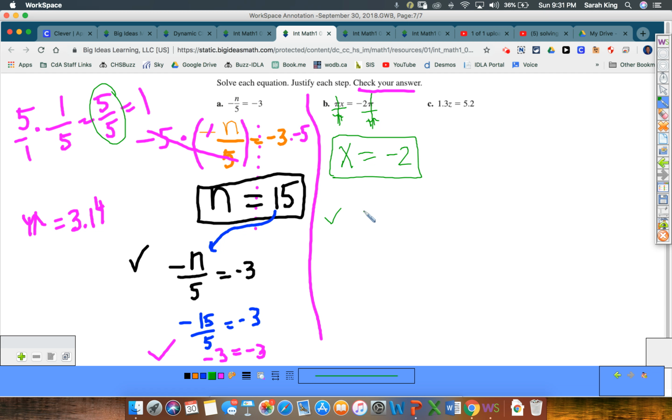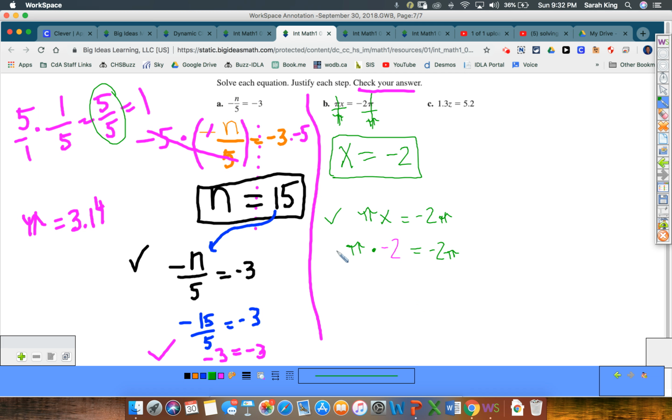The original was pi multiplied by x equals -2 pi. Okay, so what we end up doing is we take pi multiplied by, which is 3.14 rounded, multiplied by -2, plug it in there, equals -2 pi, right?